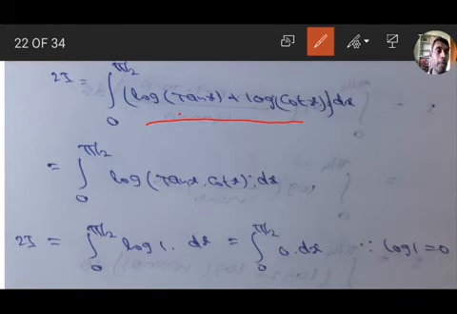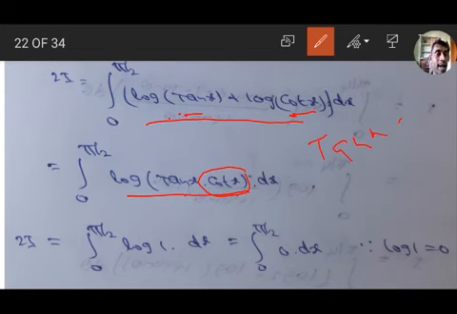Here log a plus log b equals log of ab, where a equals tan x and b equals cot x. That is log of tan x into cot x dx. Cot x can be written as 1 by tan x, so this tan x is cancelled, and we get log 1.